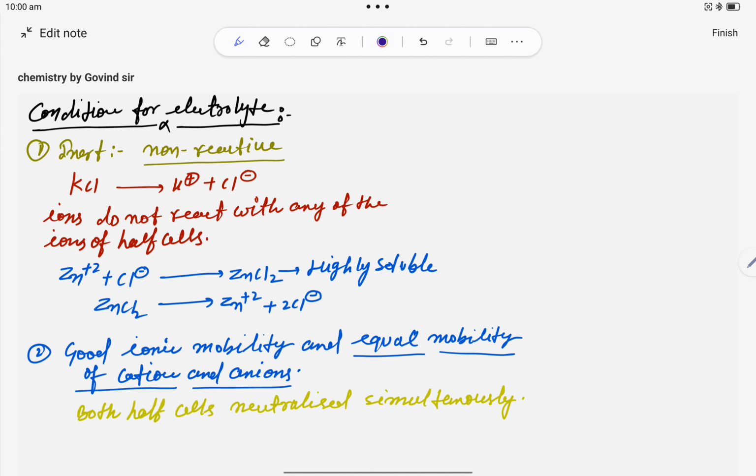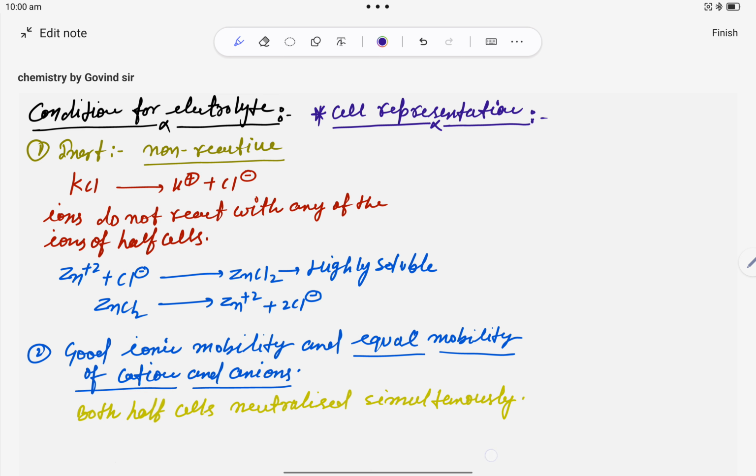Now the next part of the topic, cell representation. How will you represent the cell? Cell representation is very simple, children.